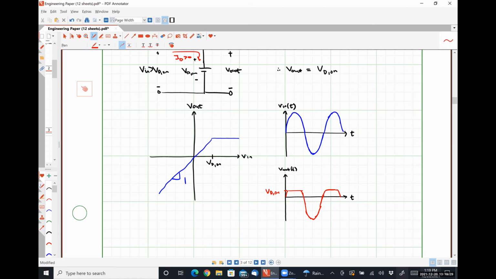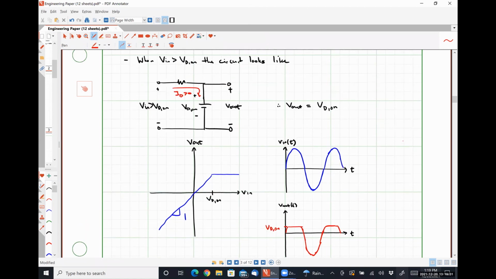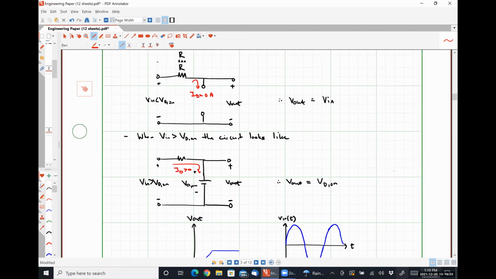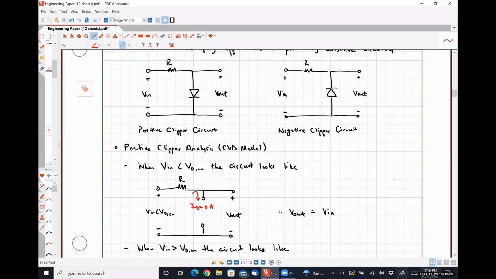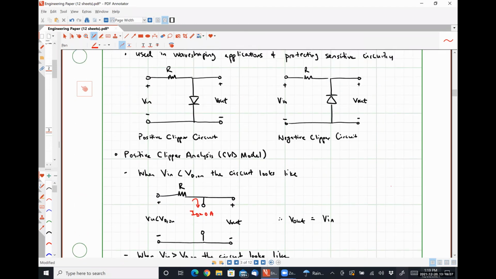Let me scroll up here real quick. What do you think the negative clipper circuit is going to do? The exact opposite thing. All of the positive half cycle is going to get passed, but it's going to clip off a portion of the negative half cycle.